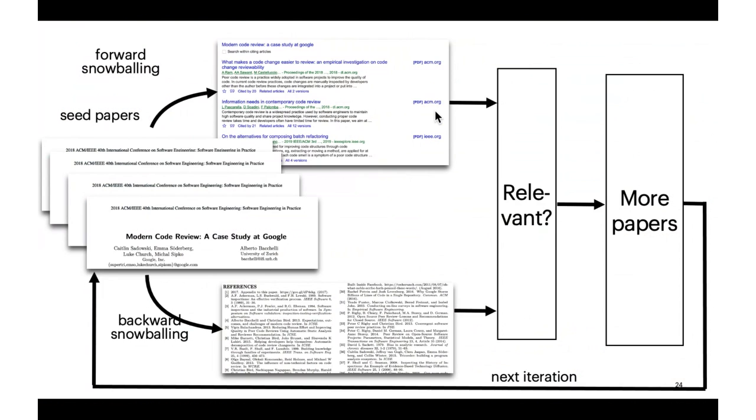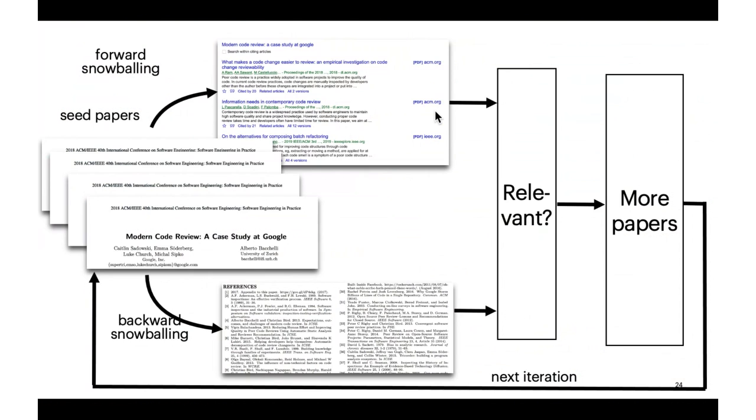So for instance, in this case, this would mean going through the list of papers which have been referenced by the paper by Caitlin Sadowski and her co-authors, and checking one by one, is the paper relevant or is the paper not relevant for code reviews. So for instance, we know that reference 2 is about software inspections, which is not exactly code reviews, but reference 4 and reference 8, they are about code reviews. So we would include references 4 and 8 in our ever-growing snowball.